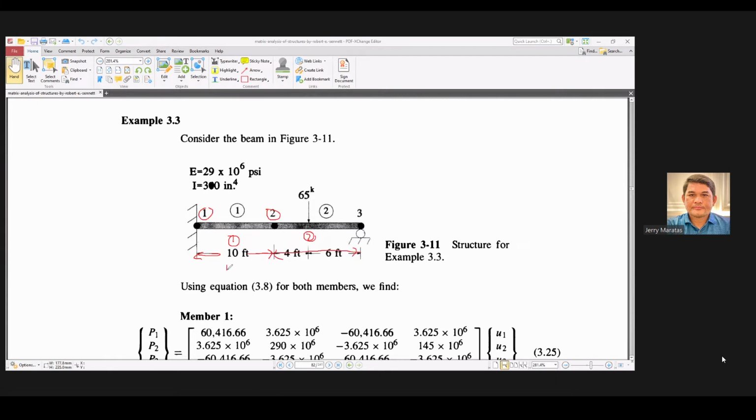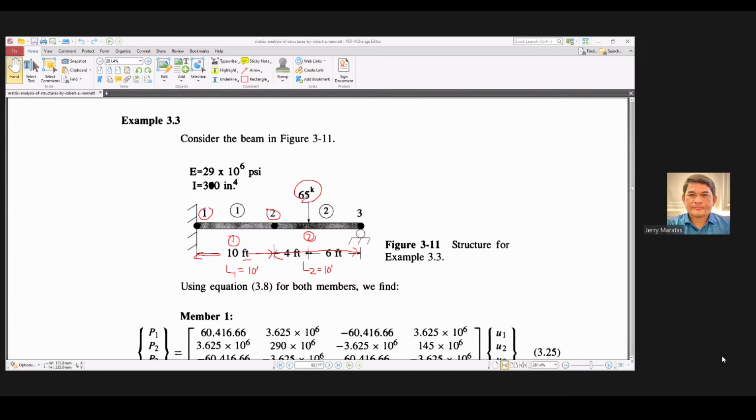The length of member one is 10. Take note, the units are in feet. L2 is also 10 feet. Now the load is applied at member 2, at a distance of 4 feet from node 2.